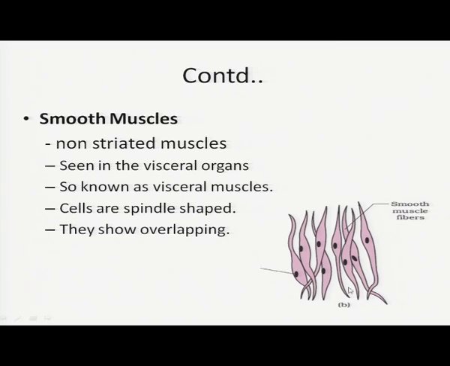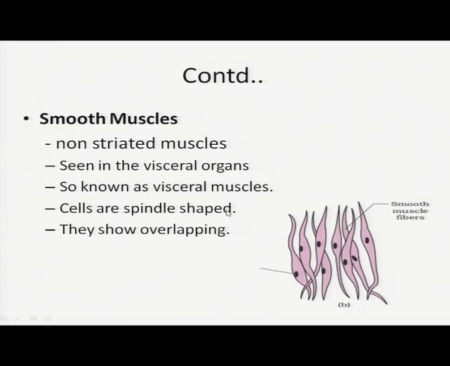Now, coming to smooth muscles, they are elongated and spindle shaped. They show overlapping. Here you can see they do not have any stripes or striations; dark and light bands are absent. The nucleus is seen at the center of the cell, and there is only one nucleus, so they are uninucleated. They are mainly seen in the visceral or internal organs, and hence are known as visceral tissue.